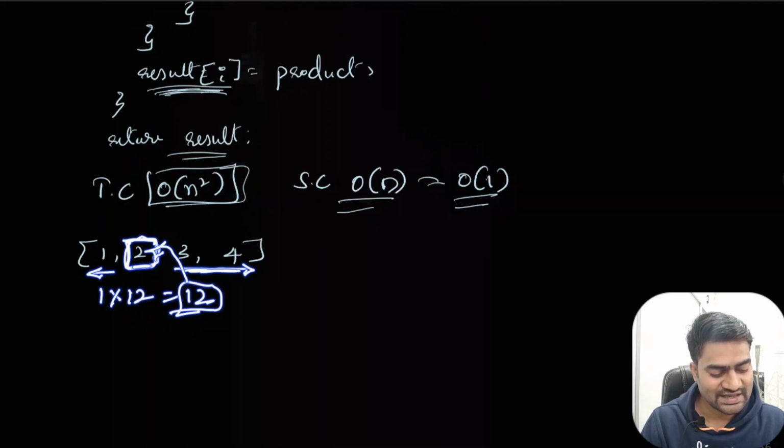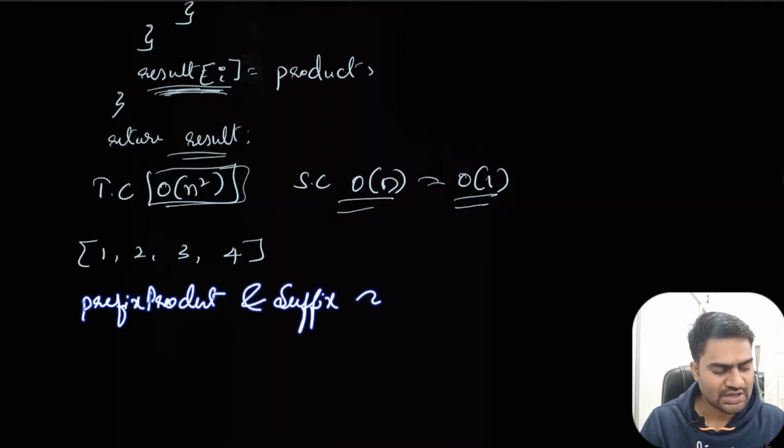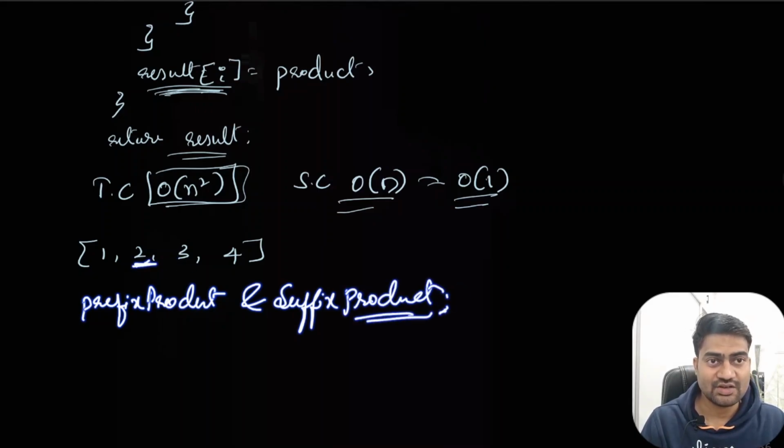So if that is the case, we are relying on the prefix product and suffix product, correct? Now when you are standing at any position, if you know the prefix product and the suffix product, then we are good. We can simply multiply them and place the result at this particular index.